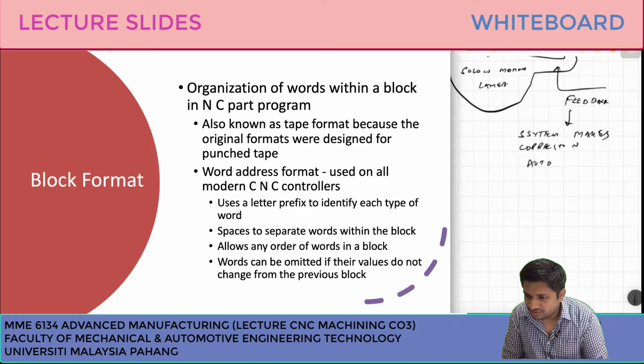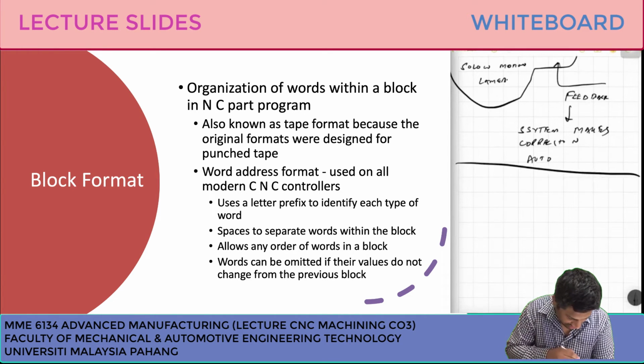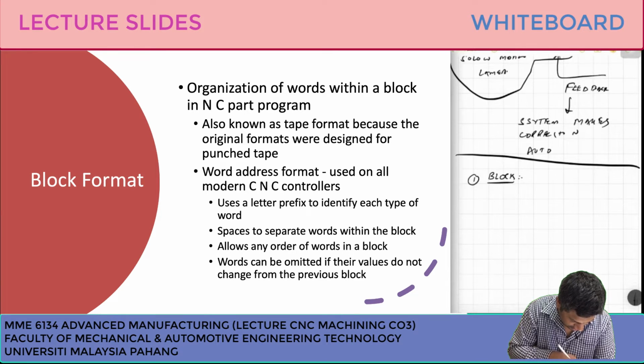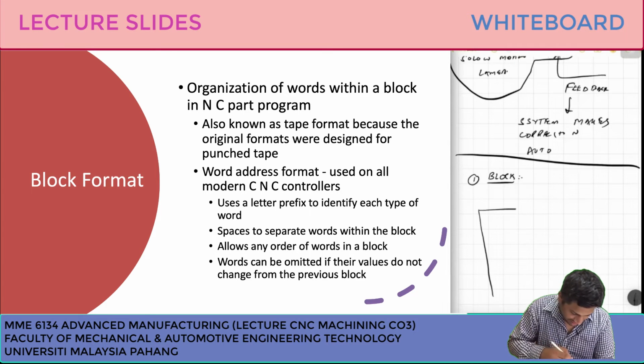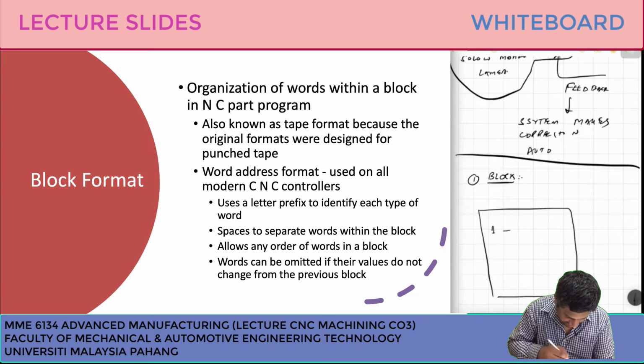So when we talk about CNC or NC programming, we talk about a block. In order to create a program, we have this machine interface, and we have to give it sets of instructions 1, 2, 3, 4.